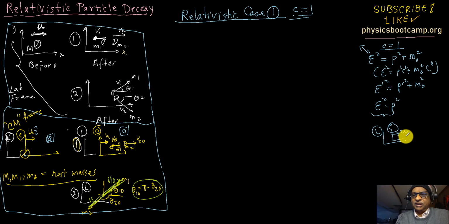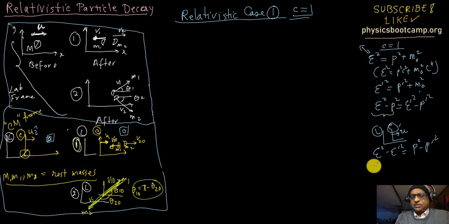Everything here make it prime and everything unprimed. So this will just be E prime square minus p prime square. So this is really a very important relation for us. Or you might say E square minus E prime square equals p square minus p prime square. Same relationship. So you remember this. You really need to be able to use it whenever necessary.